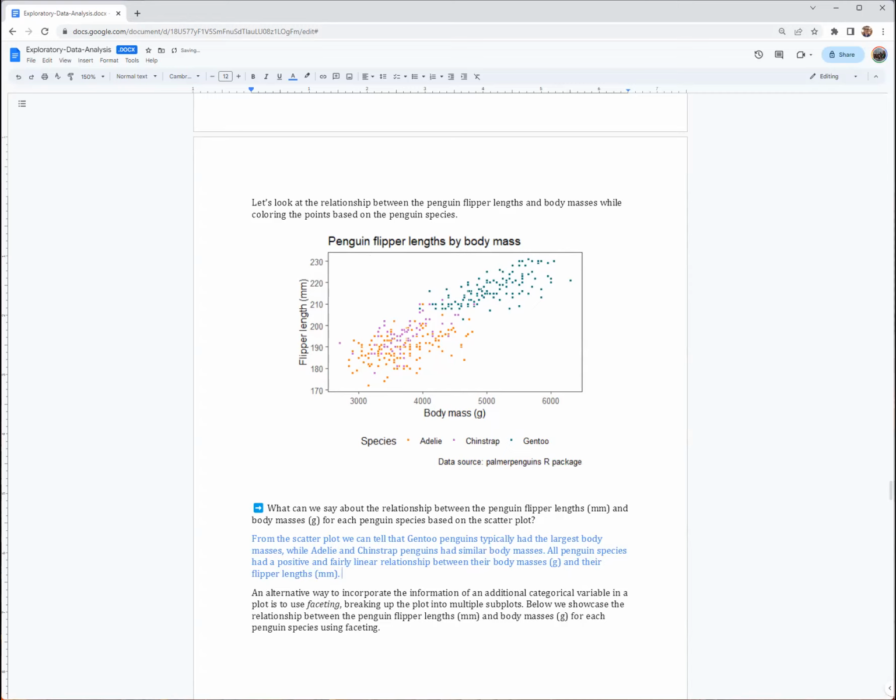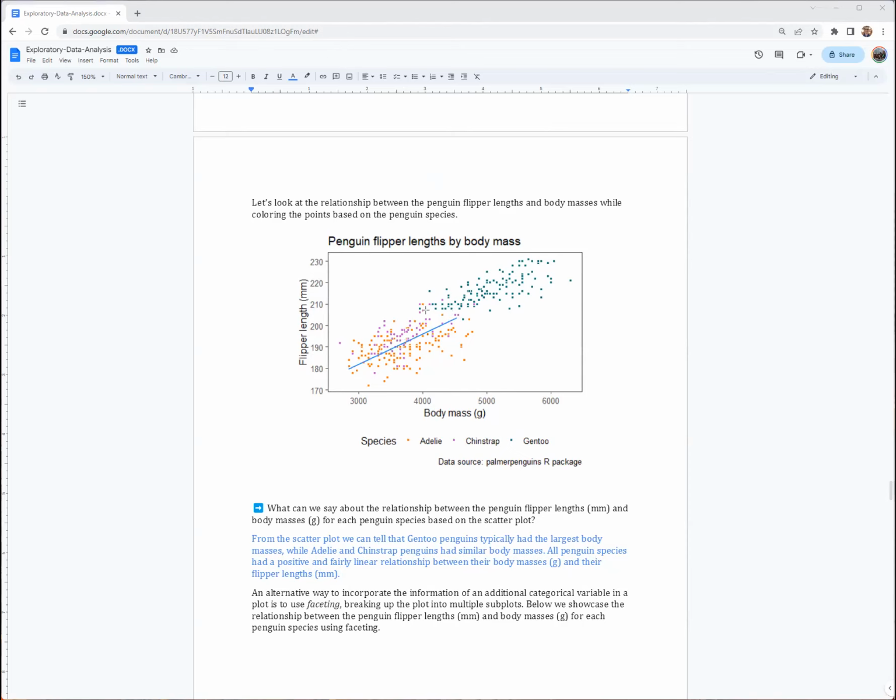Okay. So if we imagined drawing a straight line of best fit within each group, we could have one for the Adelie penguins, which would maybe look like this.